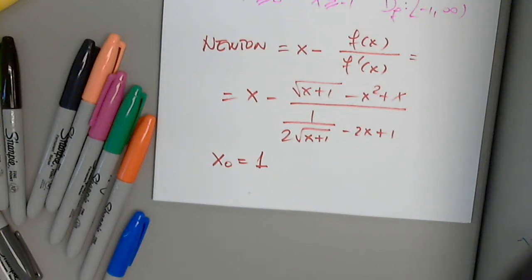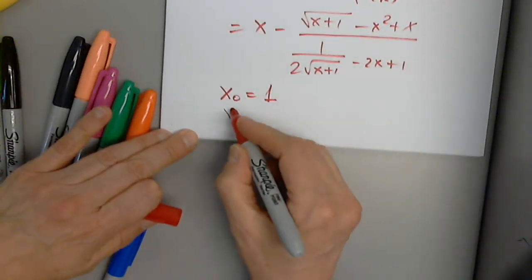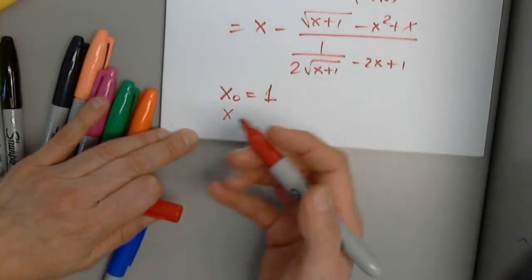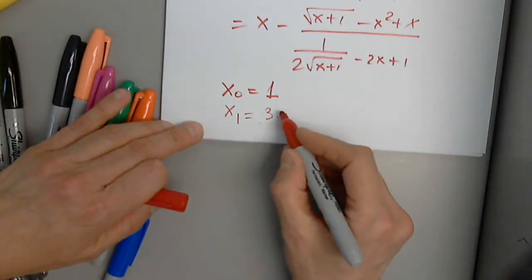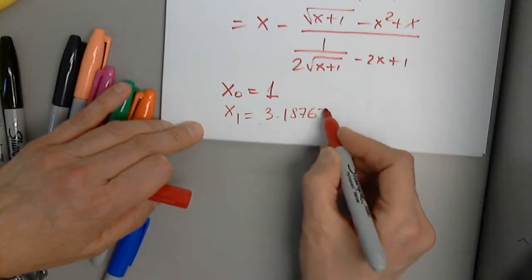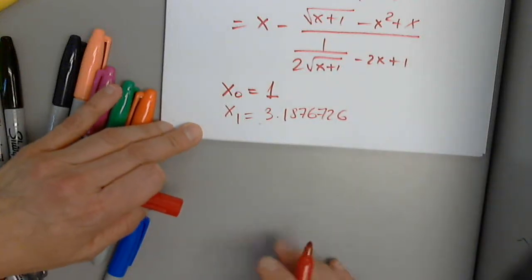So the problem that I would like you to solve on the test or final exam, I would like you to list x0, whatever you pick. Then list x1, 3.1876726.